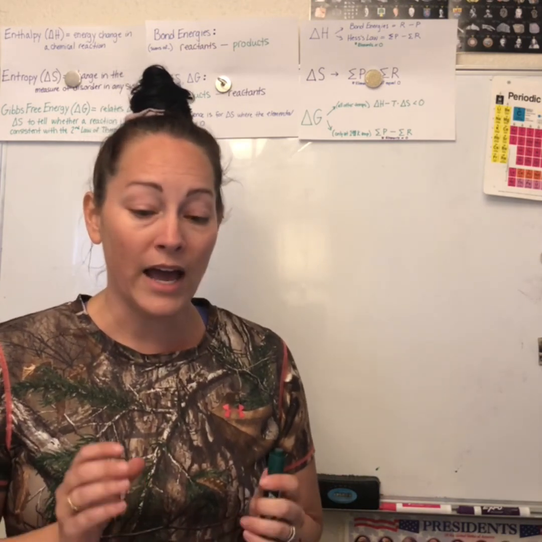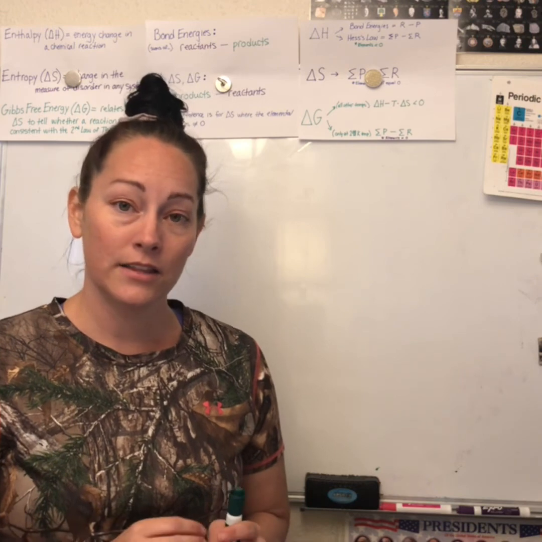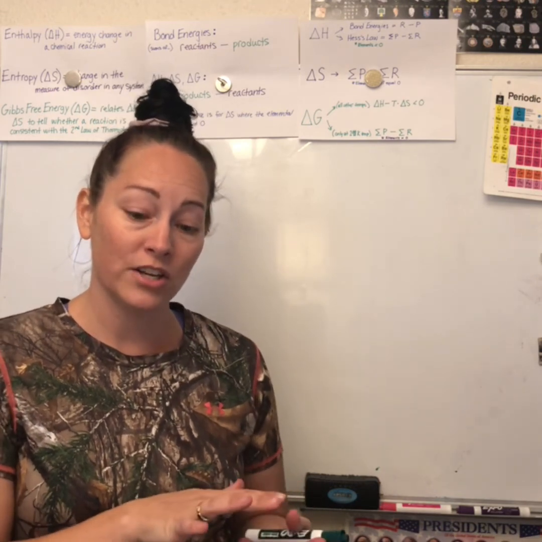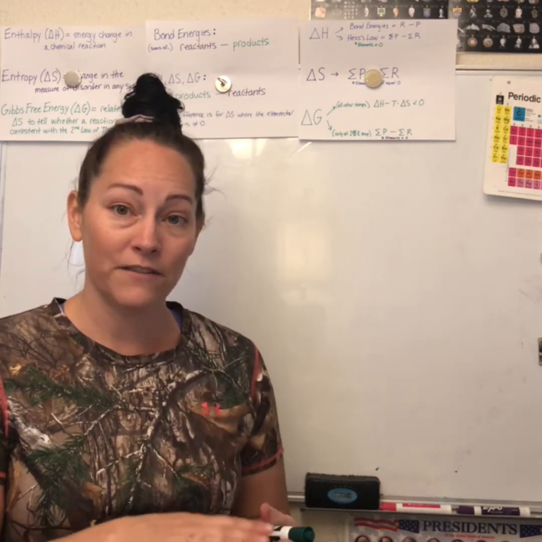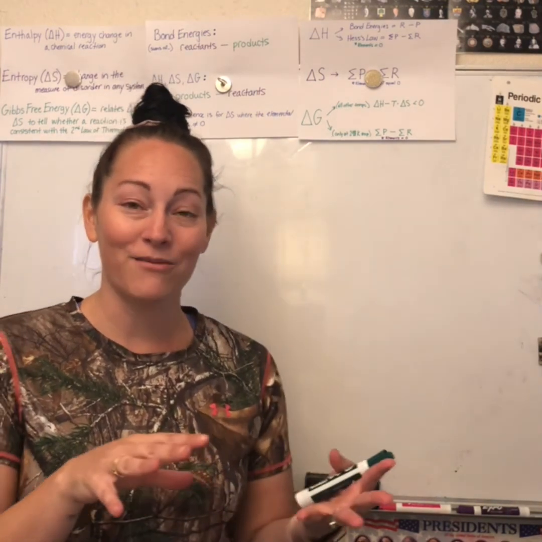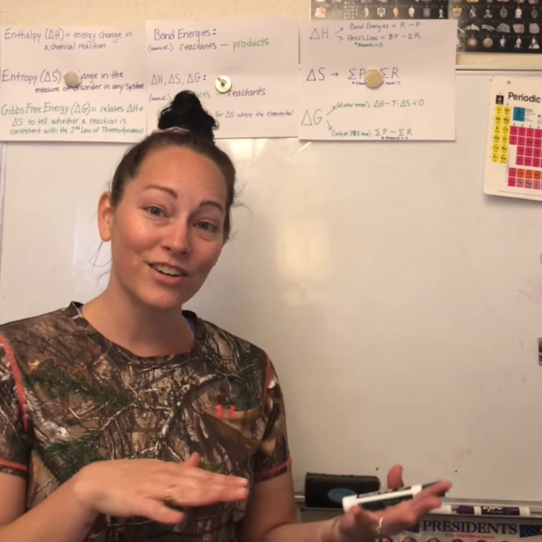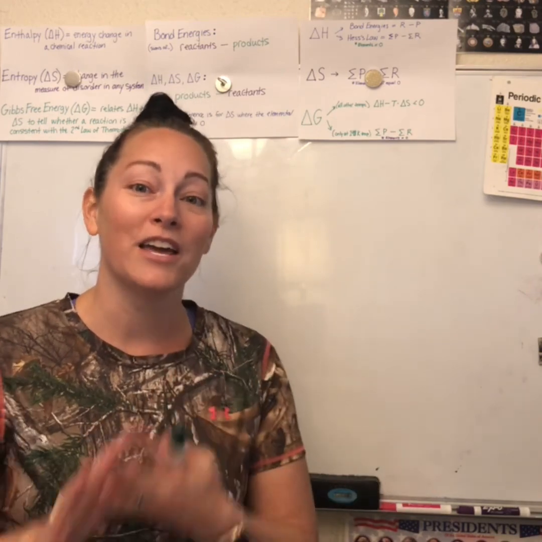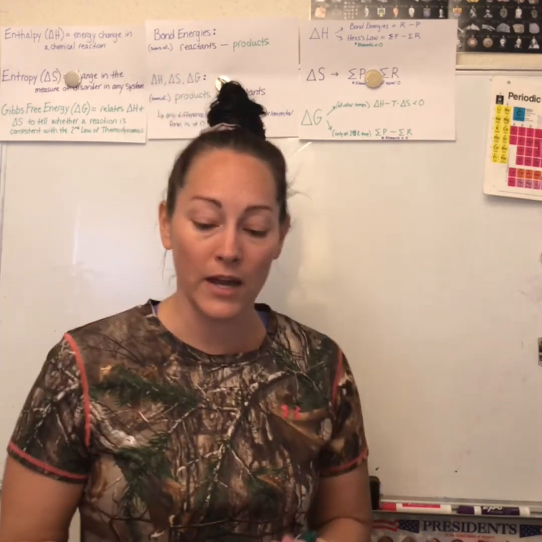So what Hess's law is saying is that the change in energy of a reaction is a state function. So it doesn't matter how you got there in your reaction, it matters what the end point is. So let's think about it this way.